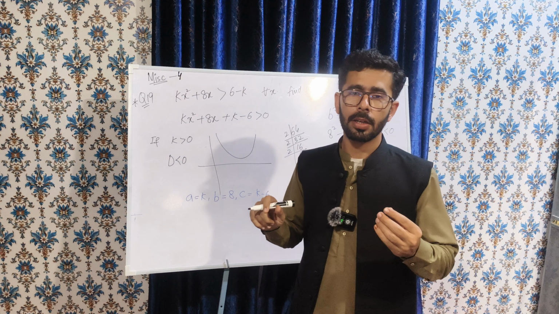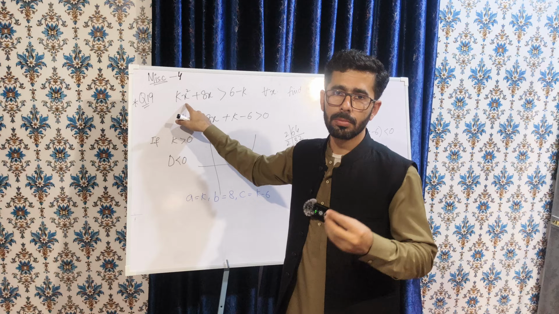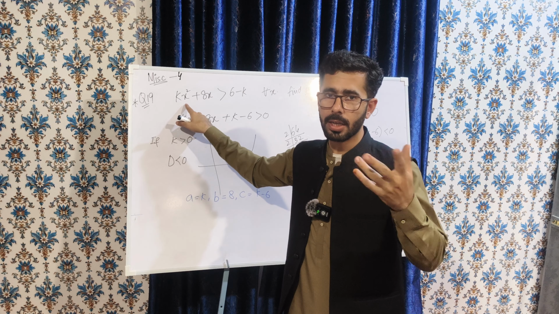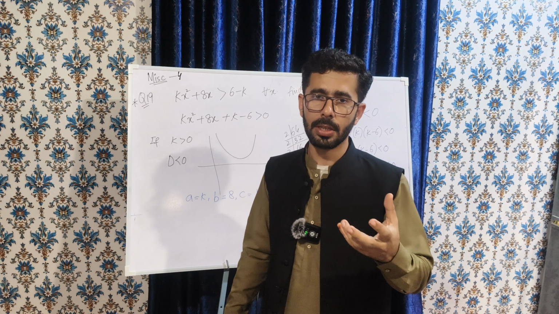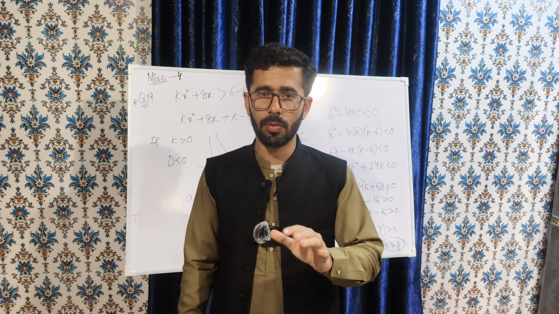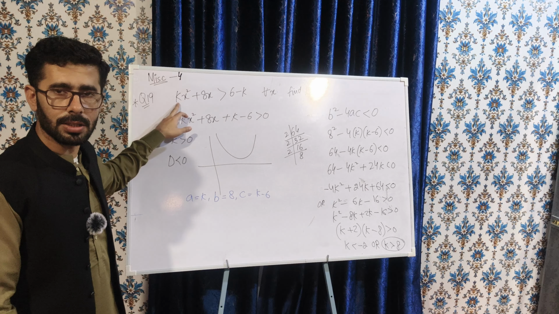Now usually we have a given coefficient of x square like 1 or 2 or negative 1 or negative 2, a fixed coefficient of x square, so that helps us decide whether it will be a concave upward graph or a concave downward. But in this case they have given us an unknown coefficient of x square.